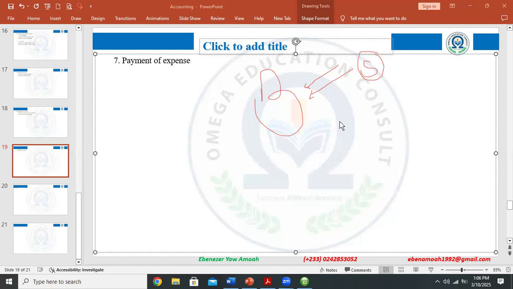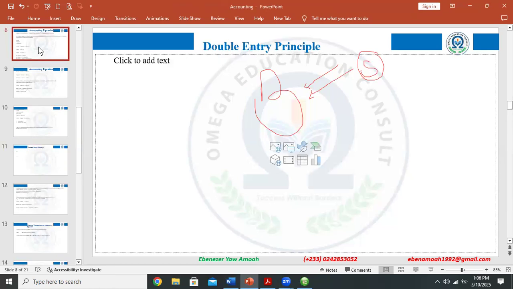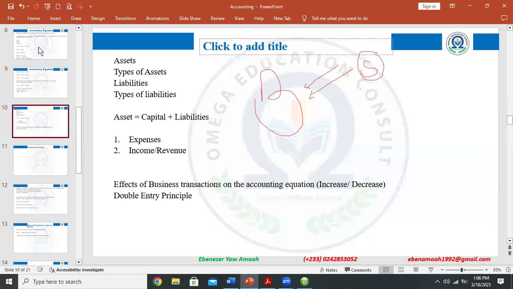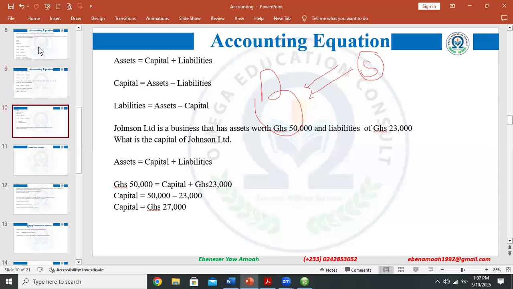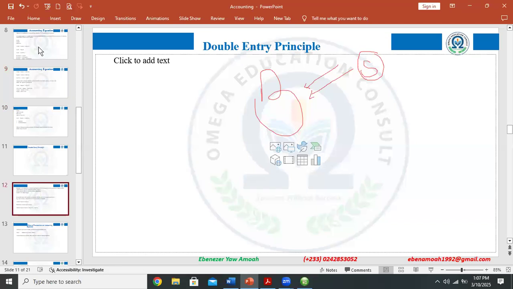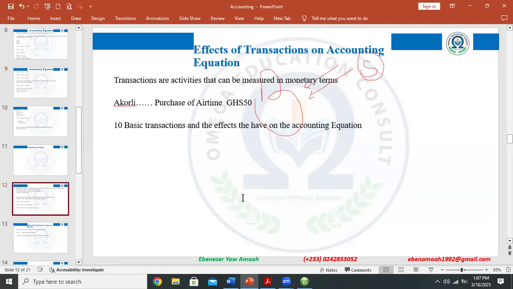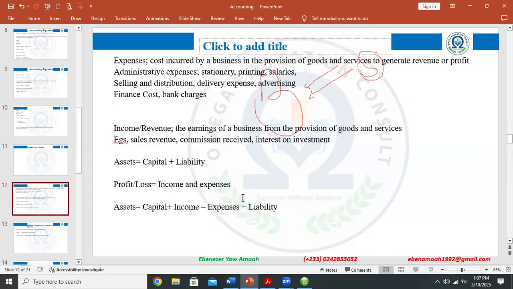Now, if you remember, I indicated to you the impact expenses have on the accounting equation. So you remember the extended version of the accounting equation where we had to put in expense and income. Yes, here it is. Right. So ideally, when expense comes into the picture, the ultimate effect will be on capital. Remember, the two effects we are looking at are either on the asset, capital, or liability, right?